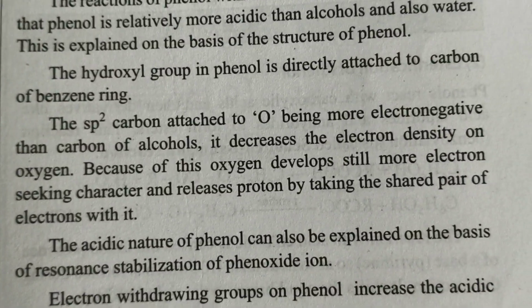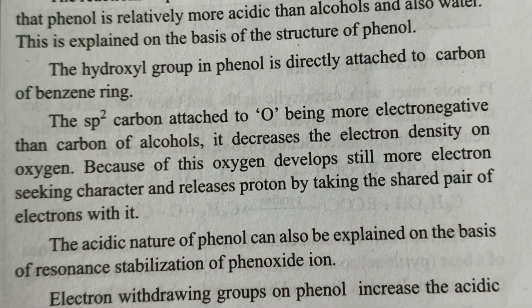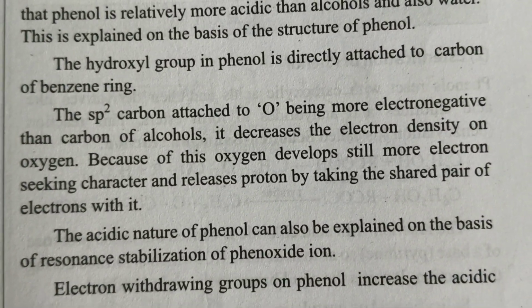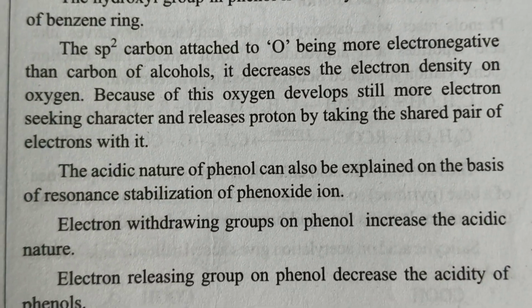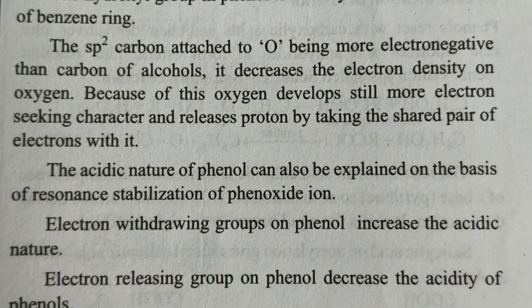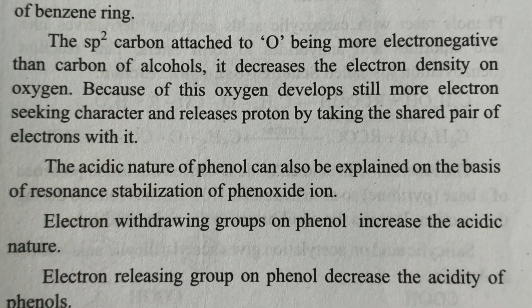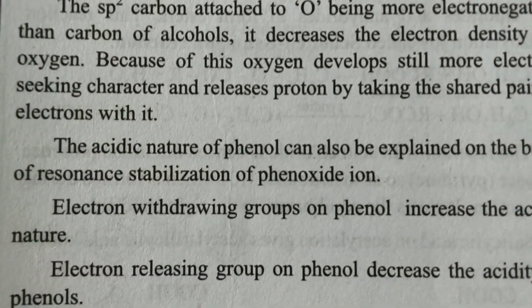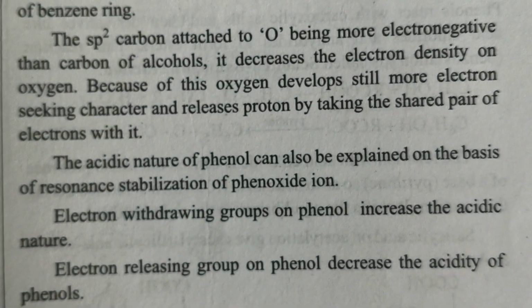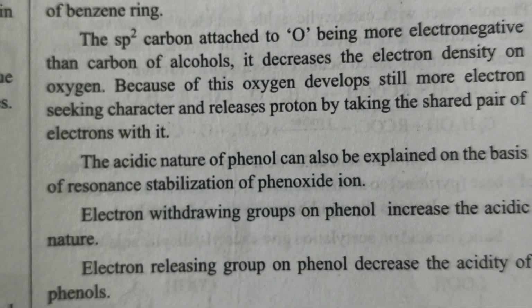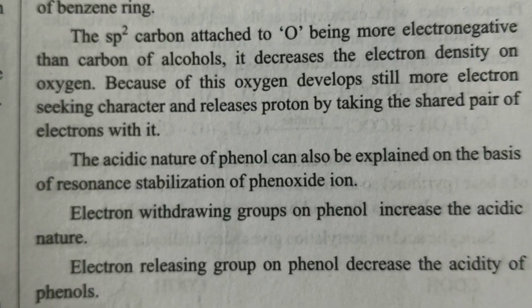The hydroxyl group in phenol is directly attached to the carbon of the benzene ring. The sp2 carbon attached to O is more electronegative than the carbon of alcohol. It decreases the electron density on oxygen, because the oxygen develops still more electron-seeking character and releases a proton by taking in the shared pair of electrons with it.